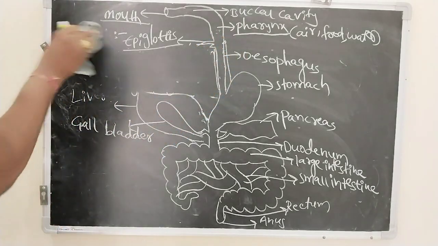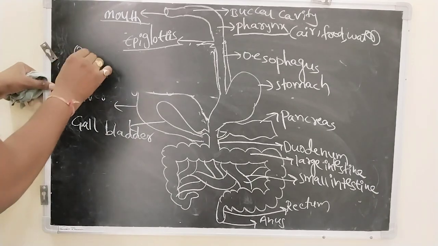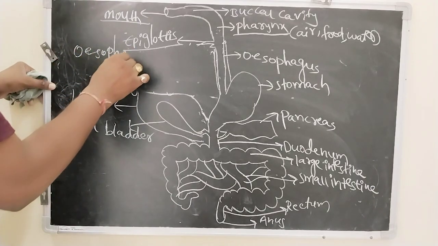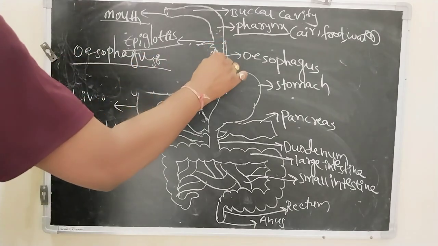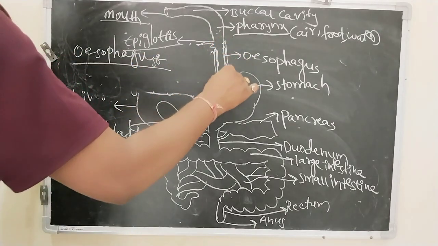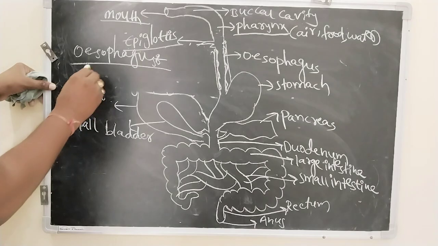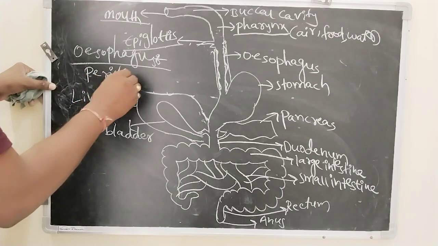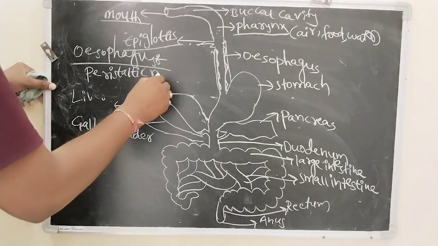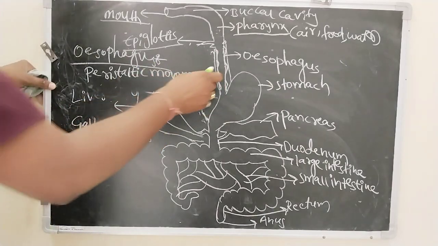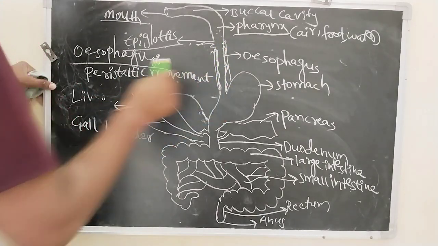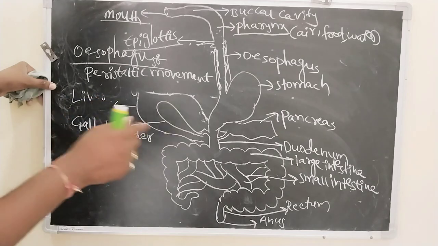In the esophagus, the food moves by making a movement. This movement is called peristaltic movement. How is it possible for the food to move in a smooth manner without any discomfort or disturbance?